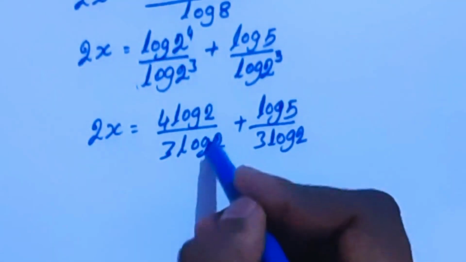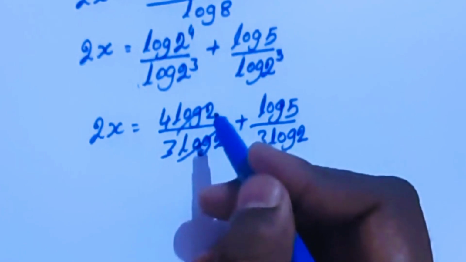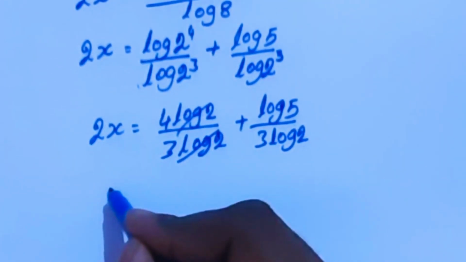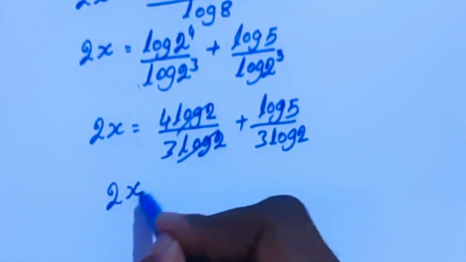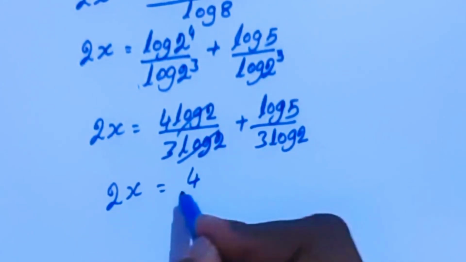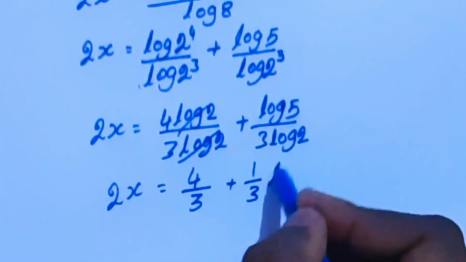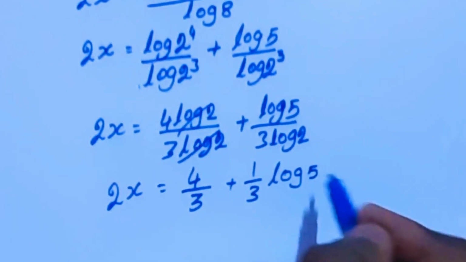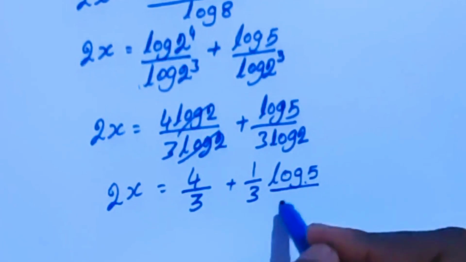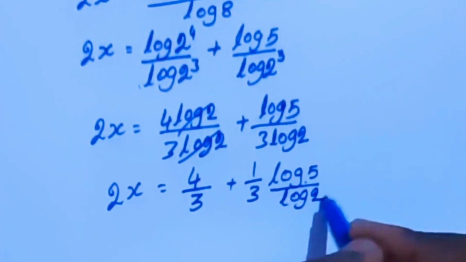Now this log 2 cancels this log 2. We have 2x equals 4 by 3 plus 1 by 3 times log 5 by log 2.